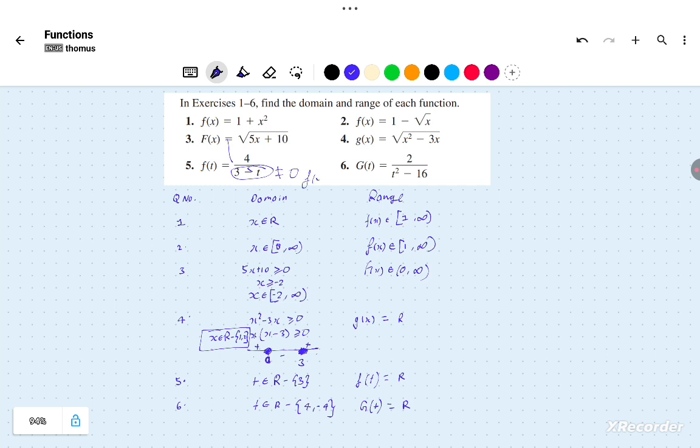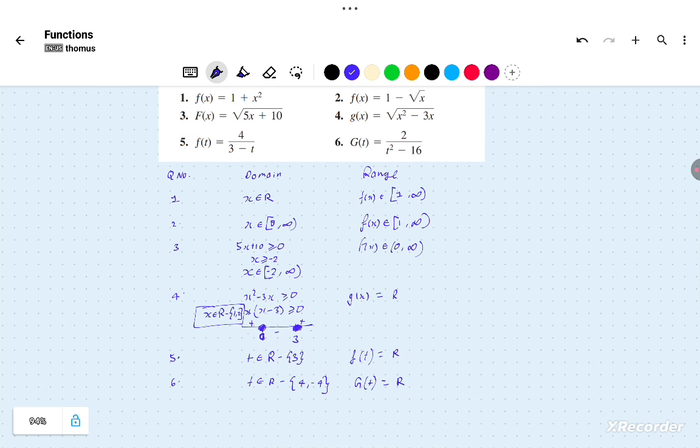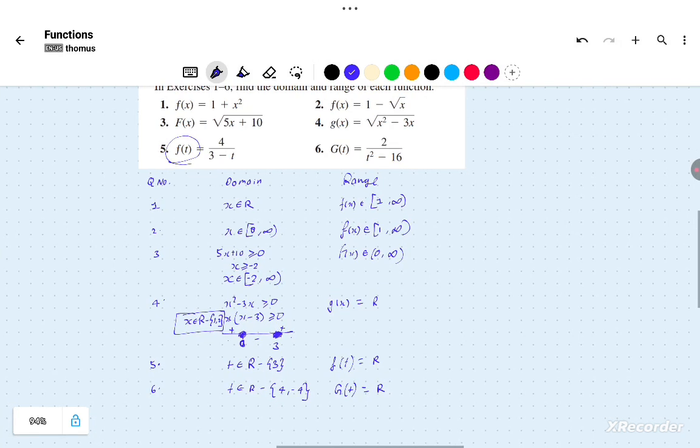Otherwise my f(t) will go to positive and minus infinity at the same time, which is not acceptable. Therefore my t will belong to all real numbers except 3. And if you consider the range here, it is just all the real numbers. Nothing much more to discuss.